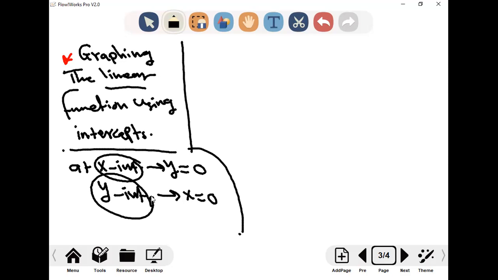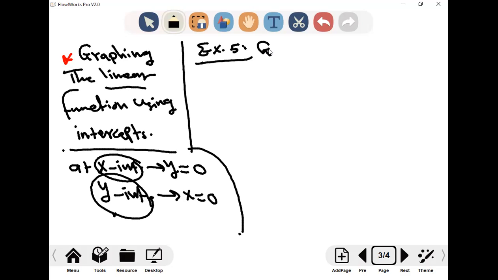Now how do we find it? To find x-intercept, put y equals 0 and find x. To find y-intercept, put x equals 0 and find y. Done? Let's take an example to understand it more. Example 5.